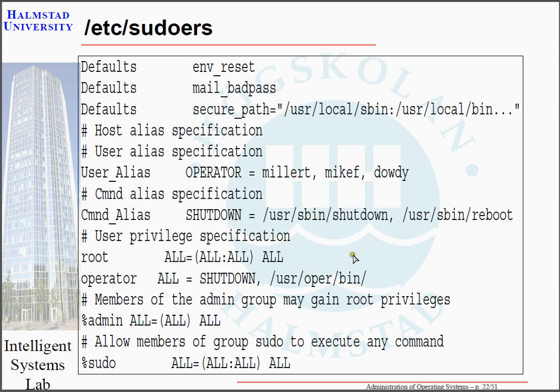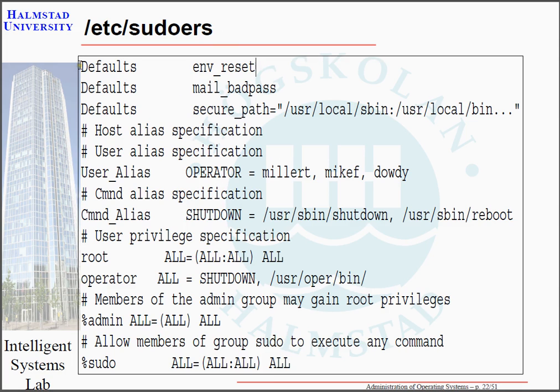But last time we looked at it from the perspective of the user, so when you wanted to do something. Now, think about how you can use the sudoers file as a system administrator in order to allow some users to do some of the tasks.